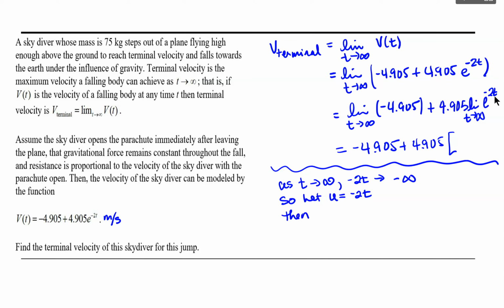Then we can say that the limit as t approaches infinity of e to the negative 2t has the same limit as the limit as u approaches negative infinity of e to the u. Note that that's the case because u is negative 2t and negative 2t approaches negative infinity.